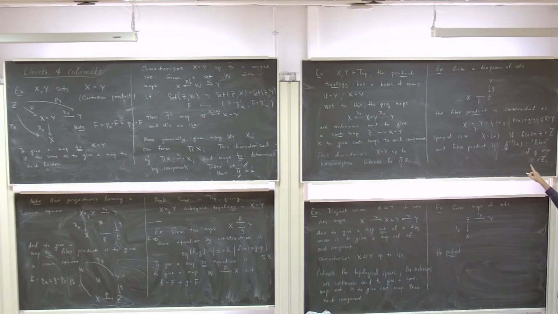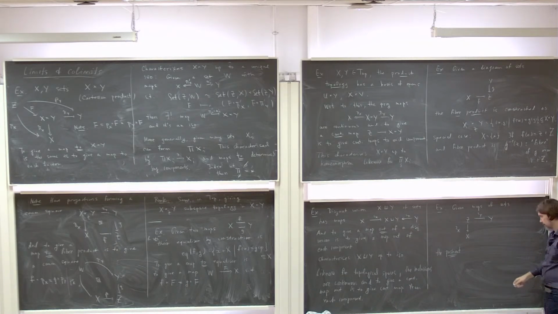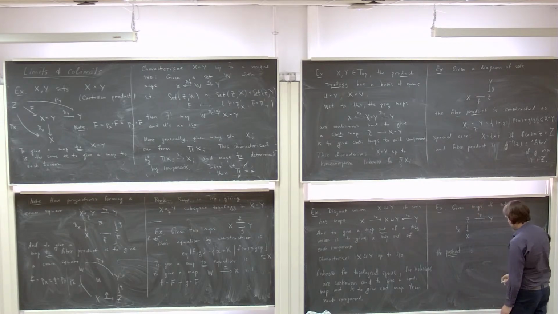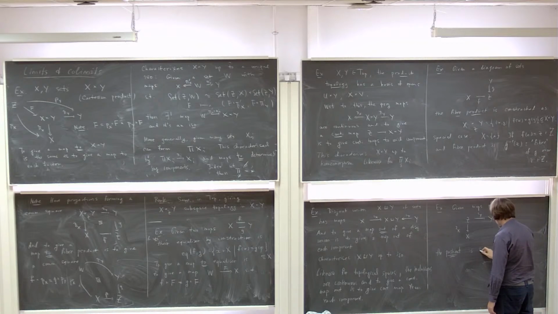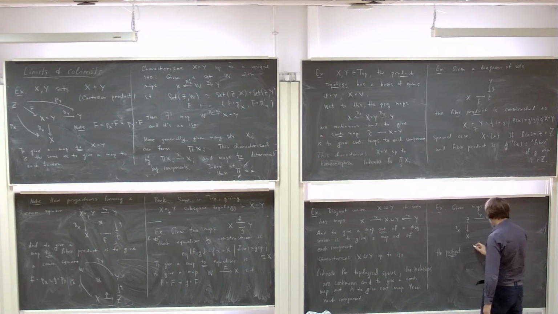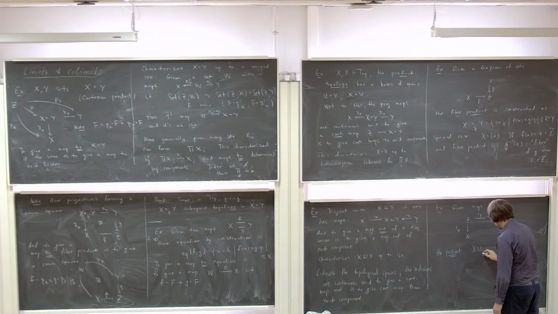Remember the fiber product was constructed as a subset of the product. The pushout is going to be constructed as a quotient by an equivalence relation of the disjoint union. So this is a quotient. Let me give the notation. The pushout is denoted X cup over Z Y.